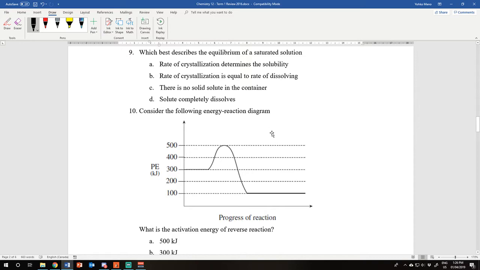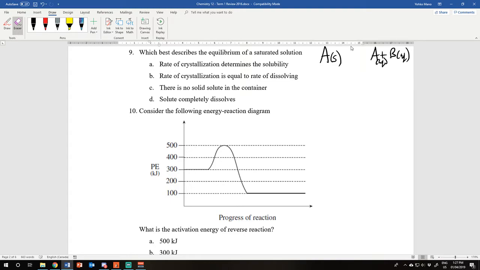All right. Now I'm getting to solubility. Which best describes equilibrium of a saturated solution? Remember, in saturated solutions, you have a solid which is dissolving into some kind of aqueous mixture. That's what happens to a solid, but at the same time, at equilibrium, the exact reverse also happens.